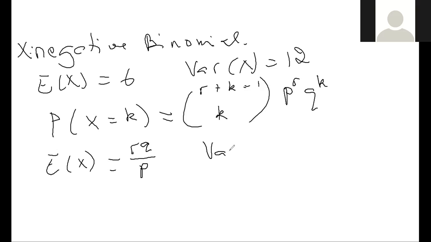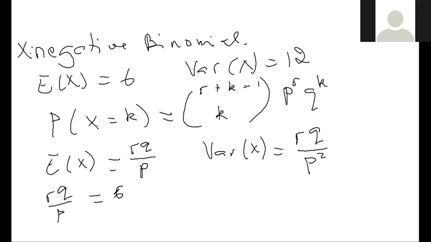And what is the variance? rq over p squared. So now you want to solve for r, q and p, when rq over p equals 6 and rq over p squared equals 12.